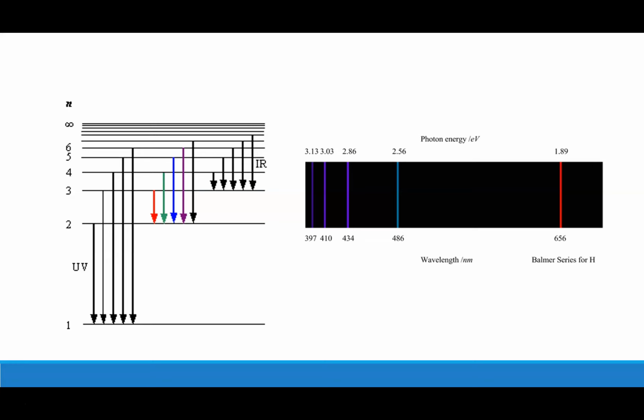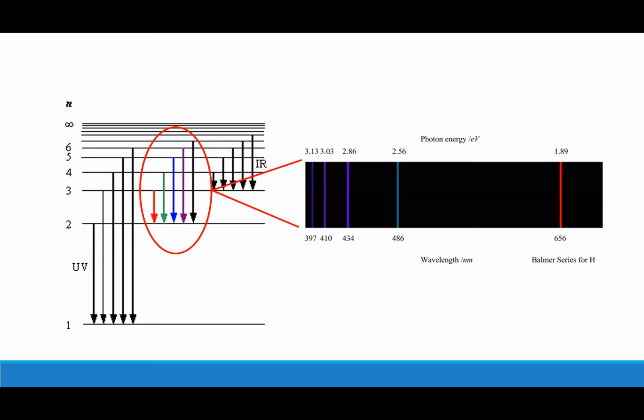Looking even more closely at the transition to energy level 2, we see that the visible light that is released corresponds with different colors. An electron transitioning from energy level 3 to 2 is only falling a short distance, a low energy difference. So the released photon corresponds with the red line in hydrogen's emission spectrum, the lowest energy line.